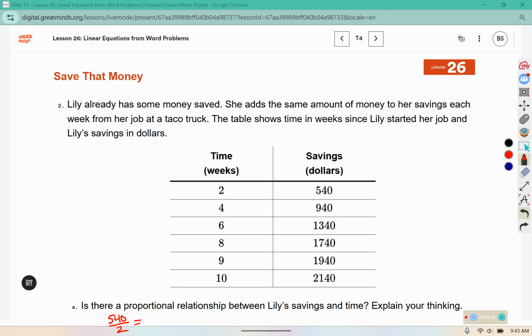If we divide 540 by 2, that gives us 270. The next row is 940 and 4. But when we divide those, we get 235. So no, they are not proportional.